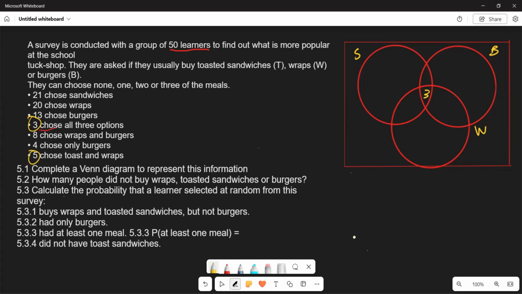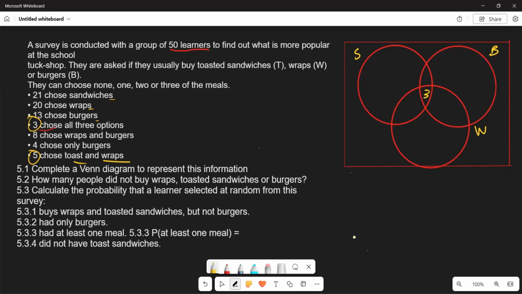They said they chose a toast and a wrap, right? Now they say 5 of them chose a toast and a wrap. Now look, this is a sandwich, a wrap, and a burger, right? Isn't it so?